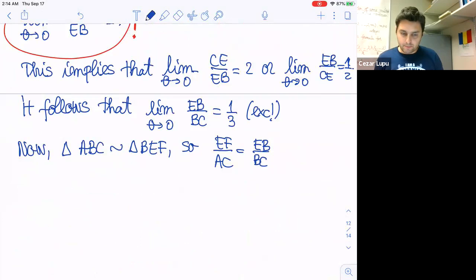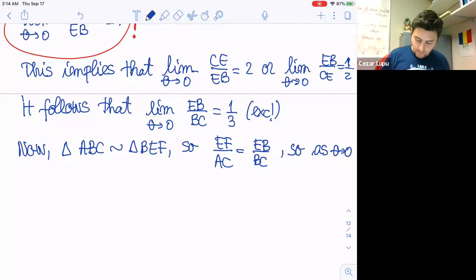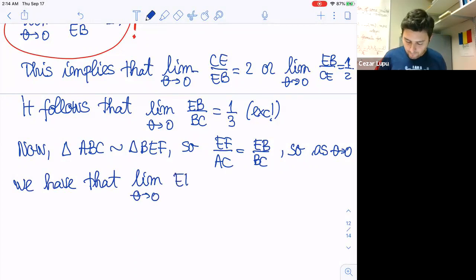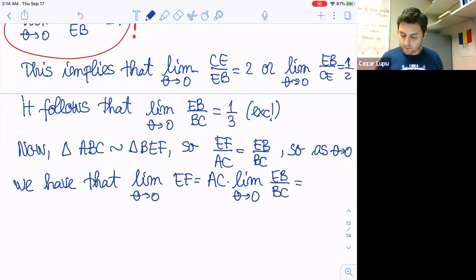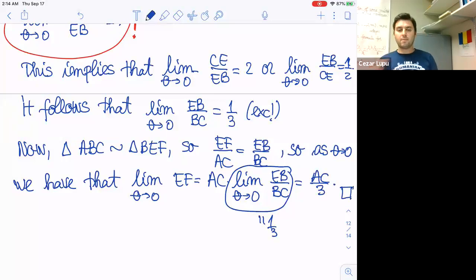So by taking the limit as theta approaches 0, we have that the limit of EF will be AC times the limit as theta goes to 0 of EB over BC, but that's 1/3, so this would be AC over 3, and that's the end of the problem. Well, it was just basic geometry.